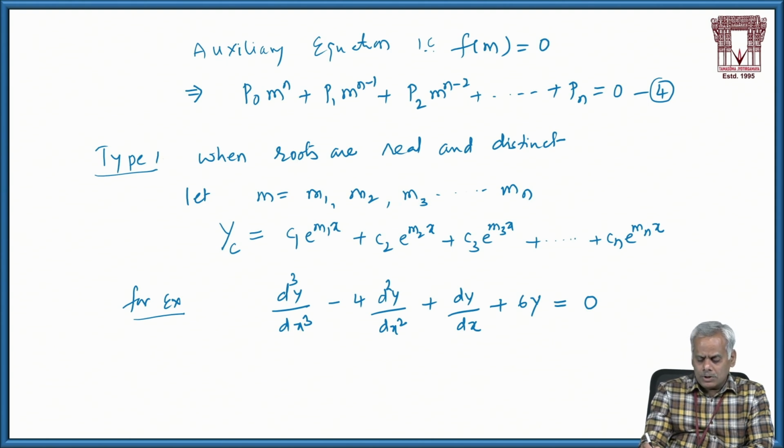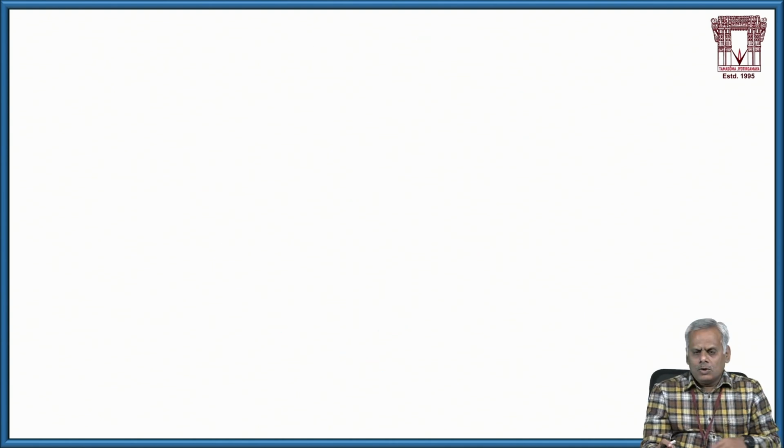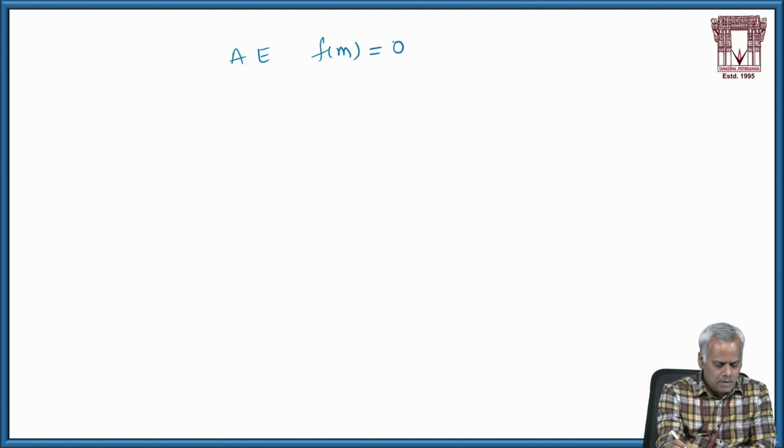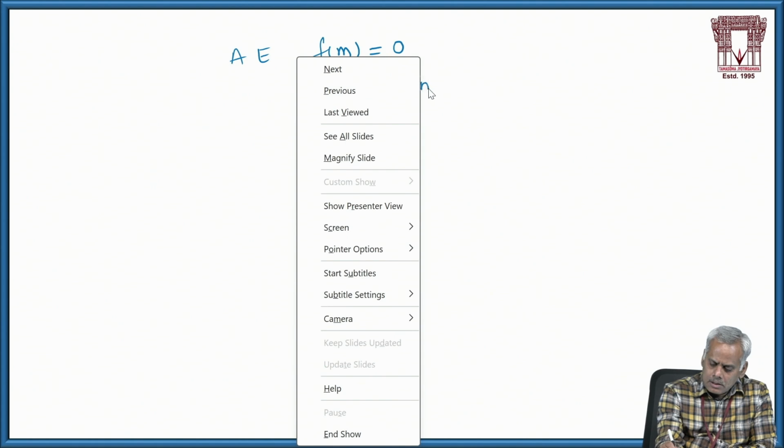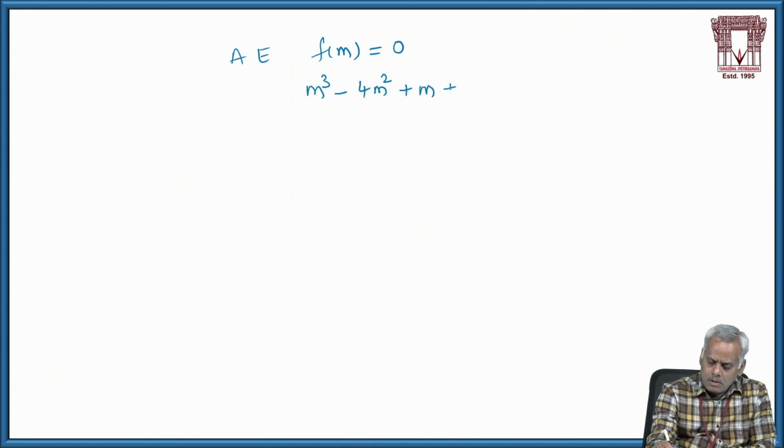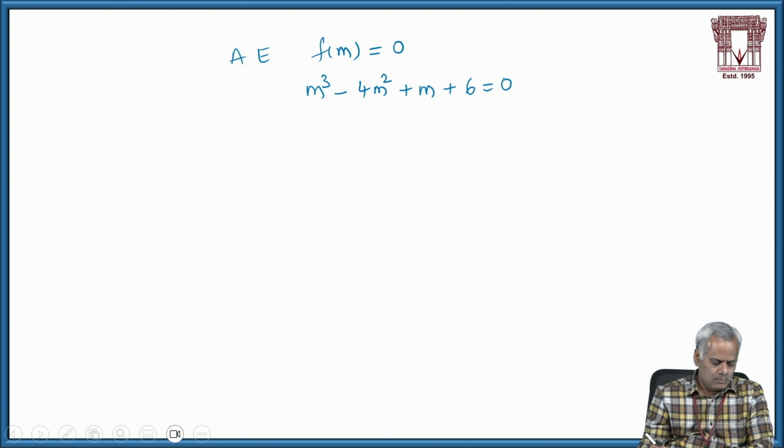Now its complete solution or general solution is y is equal to the complementary function. Now to find the complementary function, define the auxiliary equation f of m is equal to 0. So in this case, f of m is m cube minus 4m square plus m plus 6 is equal to 0.